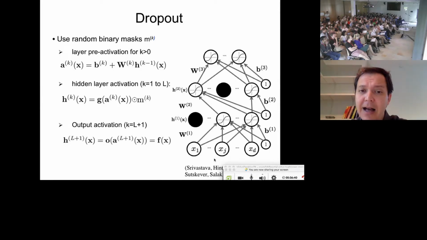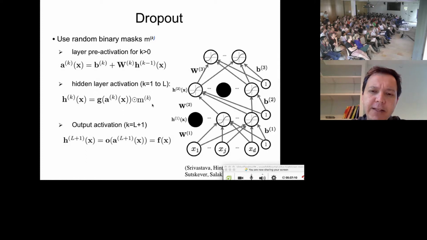So that's a single change in the code. And the interesting thing is that the backpropagation code remains the same, except that when you backpropagate, you again do element-wise multiplication with this binary mask m. So it really just requires a single line change in the code to implement dropout.